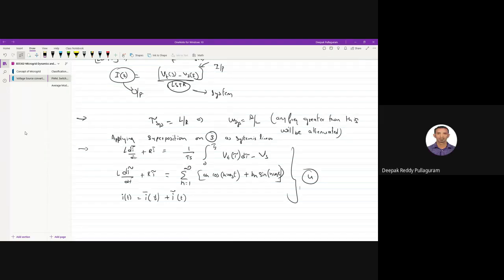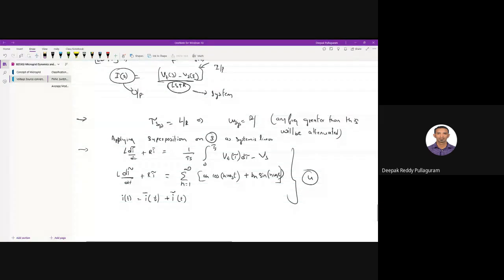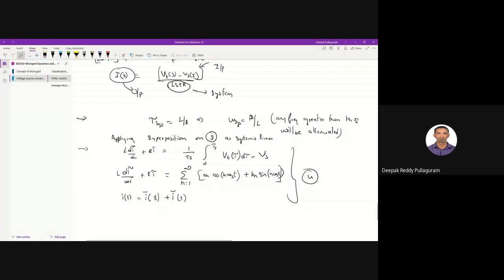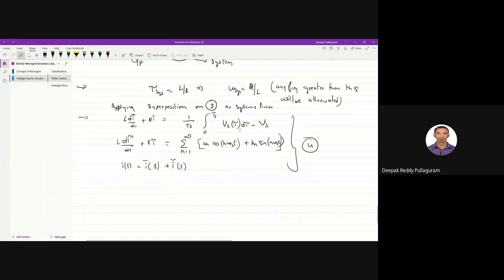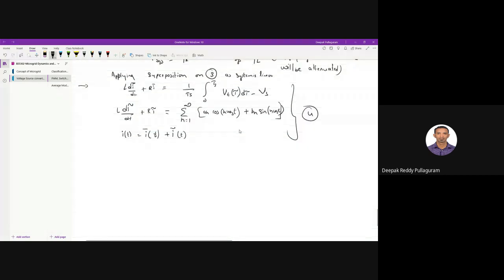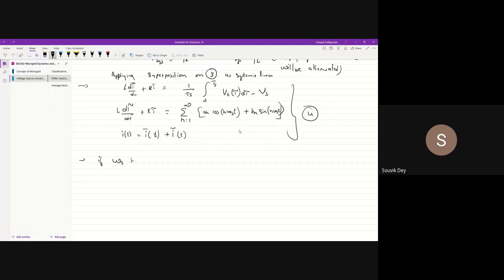Now tell me, if all the harmonics are above R by L, then what will be the current? Yes, sir, only the first one.